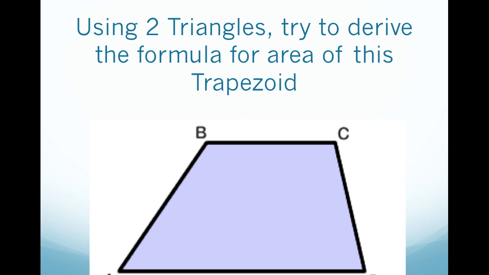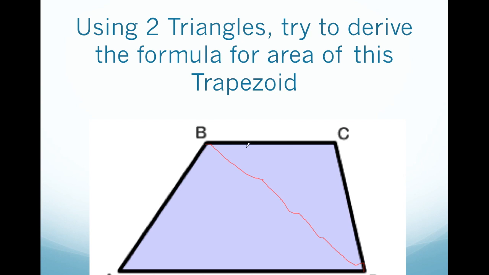Using our prior knowledge, we're going to want to cut this up into triangles. Oftentimes, you want to cut up shapes into triangles. It's very beneficial. If I draw this line here and cut this up into two triangles, the area of triangle ABD would be 1/2 of this base times this height right here.